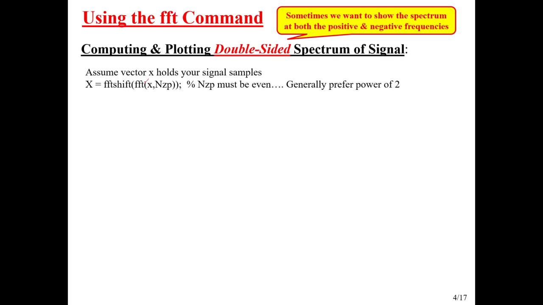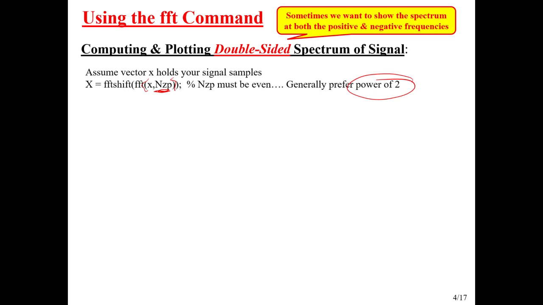And then in this FFT command, the second argument that I always put in is an integer. Generally, we think of that as a power of 2, although MATLAB is pretty flexible with what you put in there. But for what we're going to do here, it must at least be even.